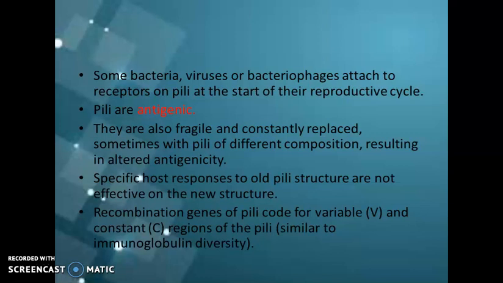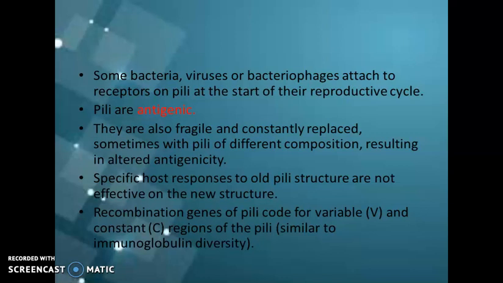The pili may consist of certain genes called recombination genes. The recombination genes of pili code for certain variable and constant regions of pili. Both variable and constant regions are present especially in antibodies.